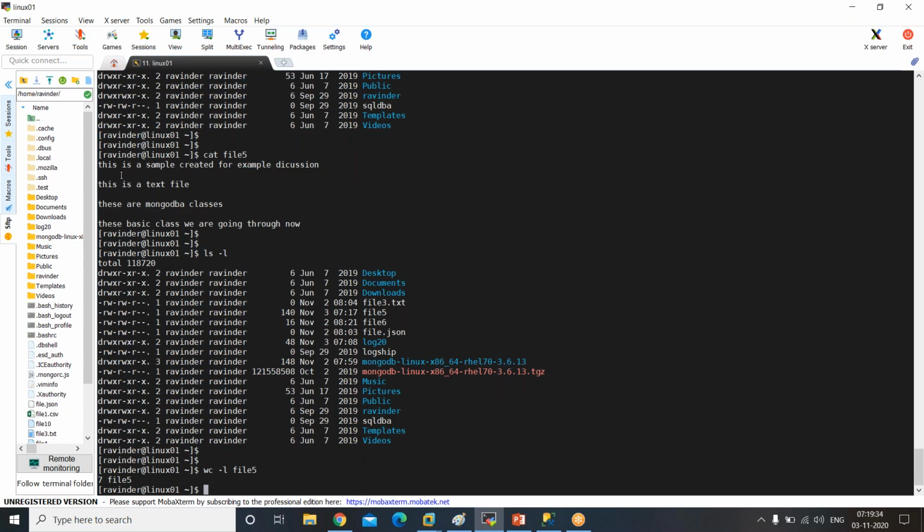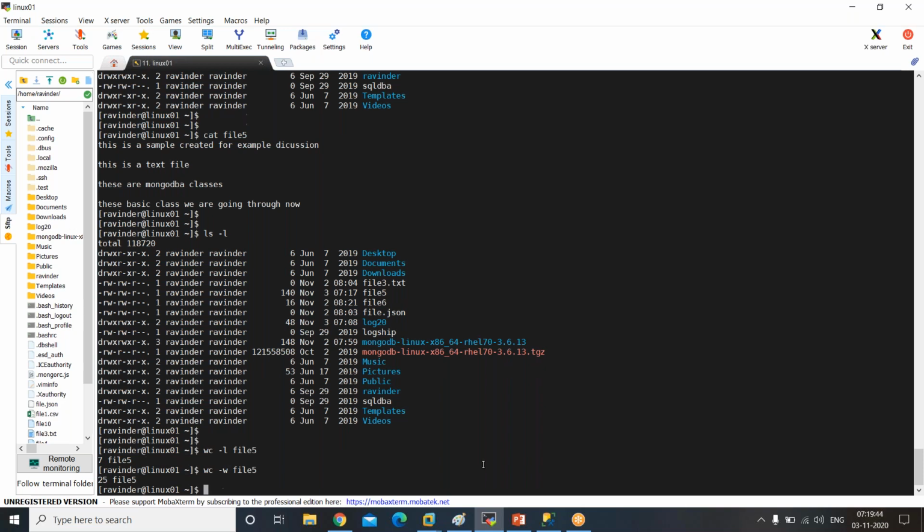If you see how many words there are in total, wc -w. You don't use this words option much, but you have the option. That's why I wanted to discuss. Total 25 words are there. Let me count: 1, 2, 3, up to 25.